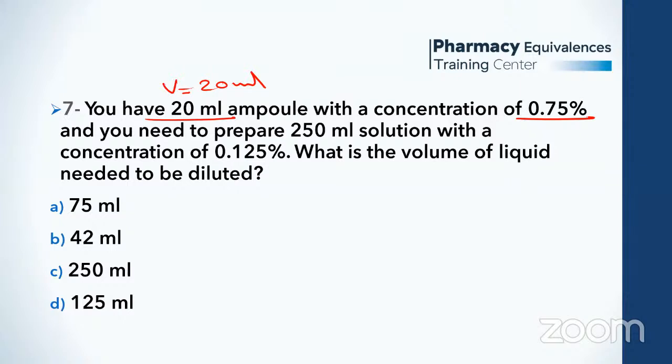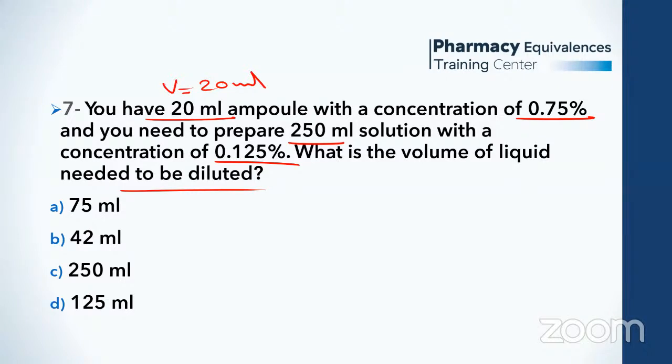So each ampoule's concentration is 0.75%. You need to prepare 250 milliliter solution with a concentration of 0.125%. What is the volume of liquid needed to be diluted?